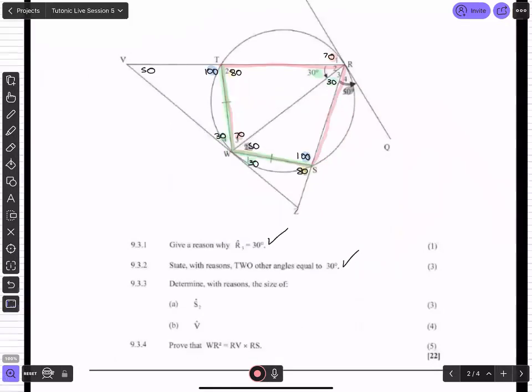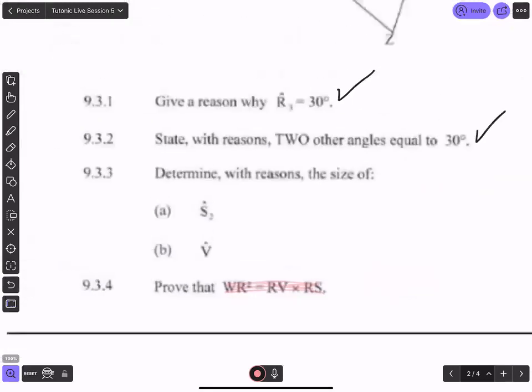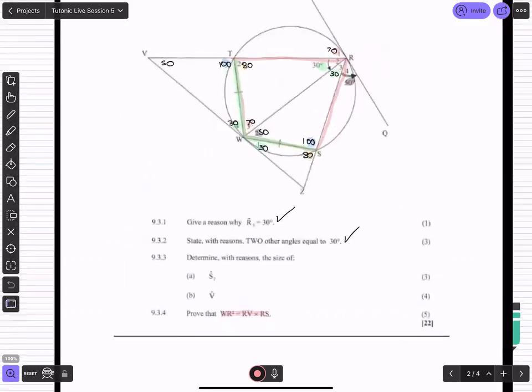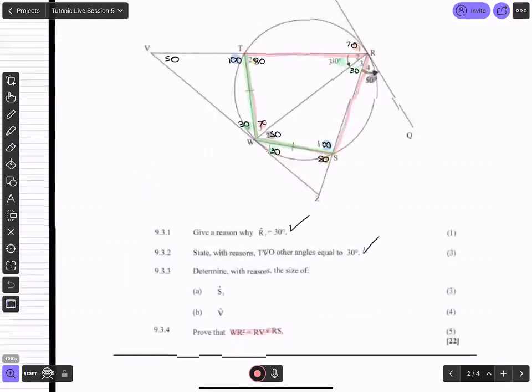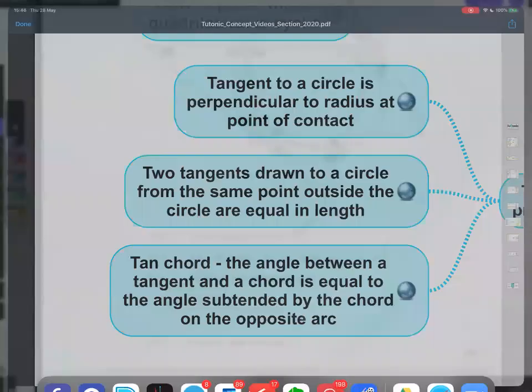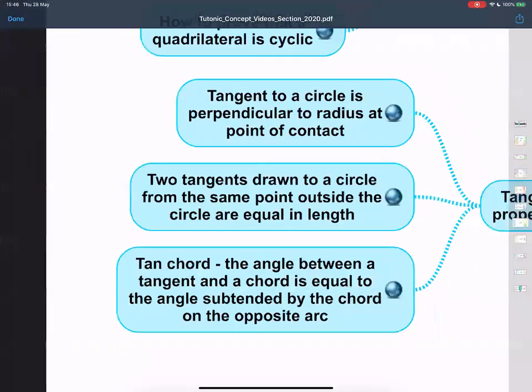Okay, now it says prove that WR squared equals RV times RS. What automatically pops into your mind here? What pops into your mind? Proportionality theorem. Proportionality, right? Now, just a reminder to you guys that Tutonic has made concept videos on proportionality for grade 12.